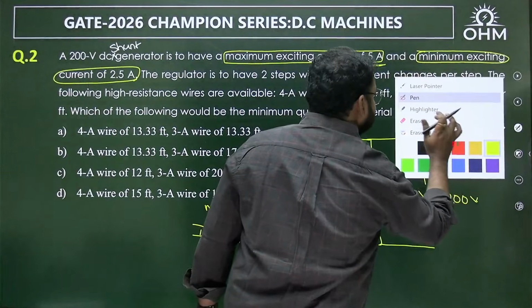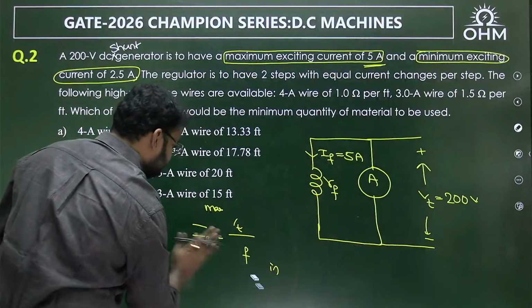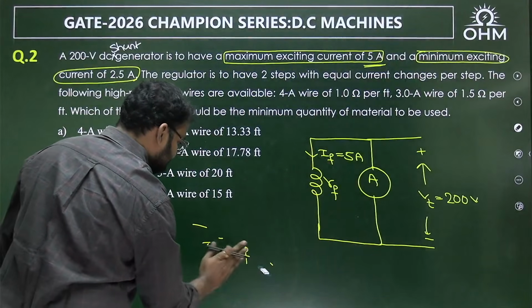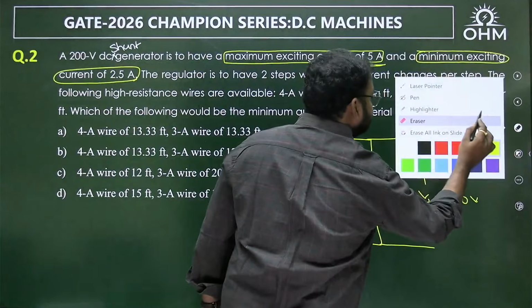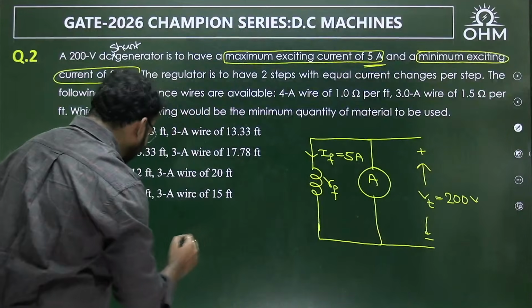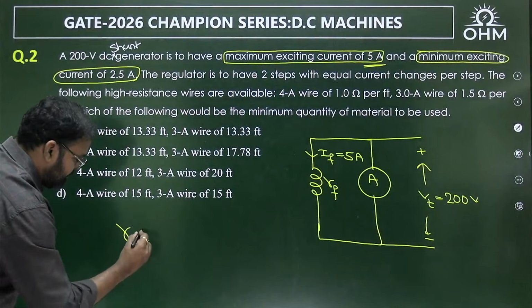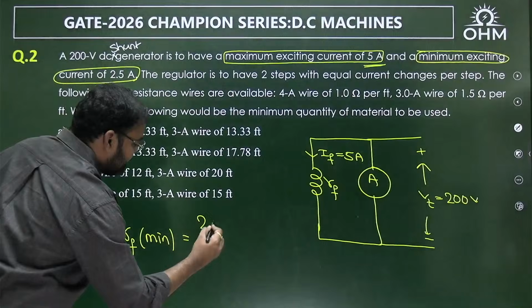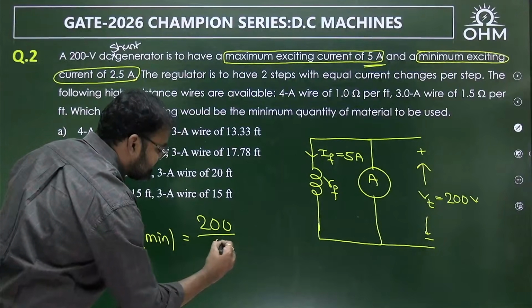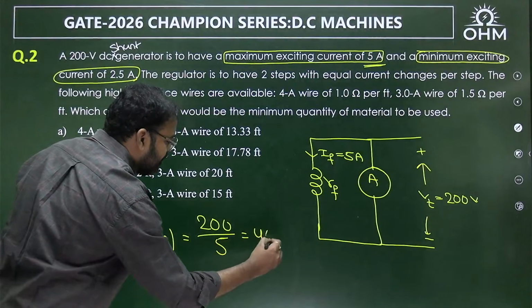Okay, so let me arrange this. Now see the minimum field resistance. The minimum field resistance will be equal to voltage 200 divided by maximum field current 5. Is it not 40 ohm?